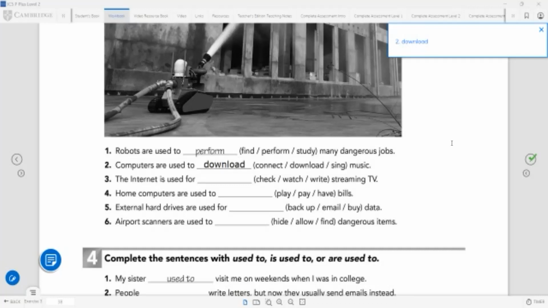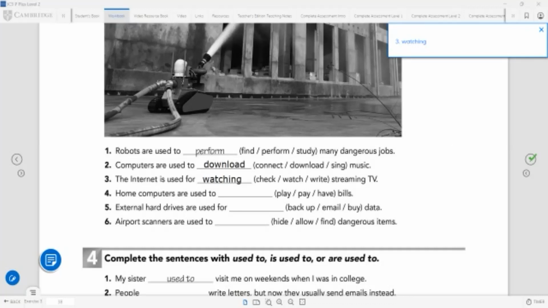So the correct is download in the simple form. We continue with number 3. In this case, you are using use for. The correct verb is watch, but you have to use the verb with ing. Use for watching.